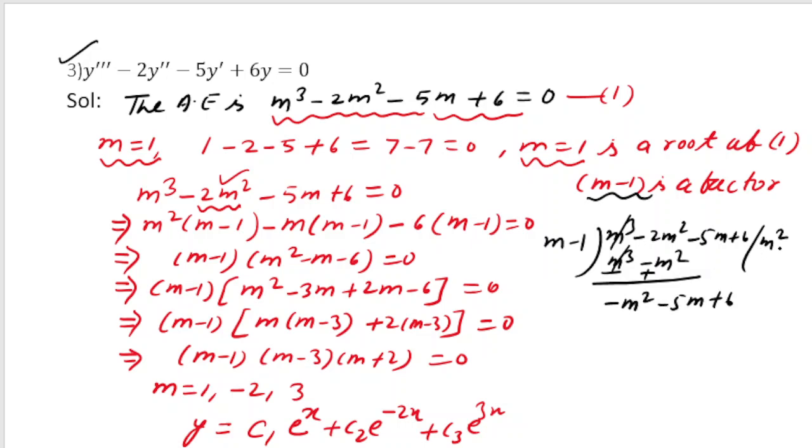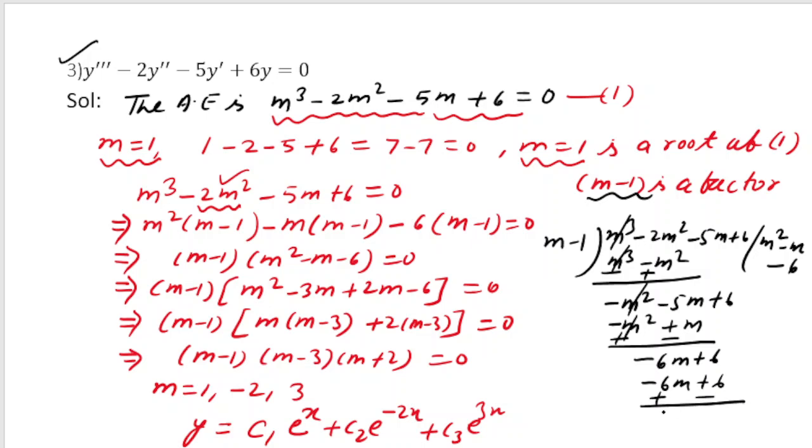How much do you require now? You require minus m, so it will become minus m square plus m. Now you subtract, this term will cancel, so it will become minus 6m plus 6. So I will take minus 6, so I will get minus 6m plus 6, and when I subtract finally I will get 0. So this will cancel, I will get 0.